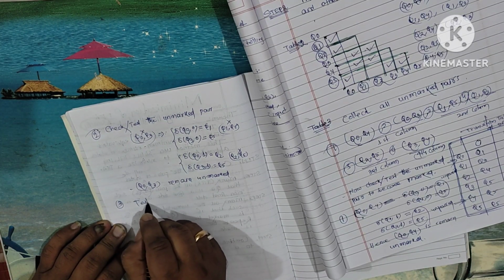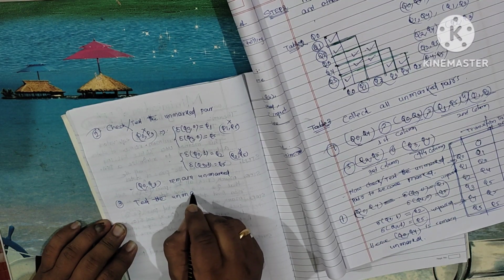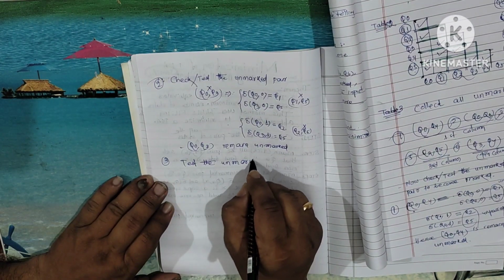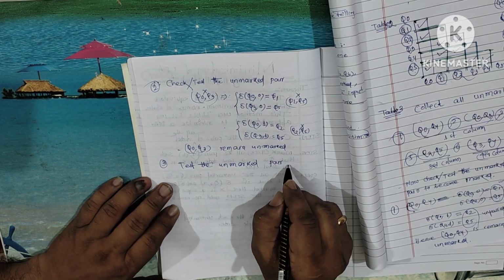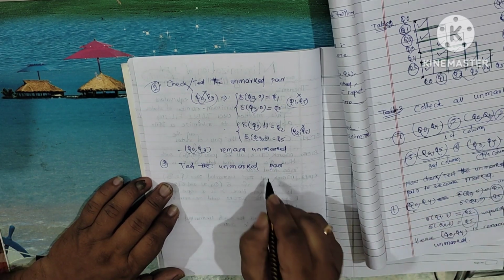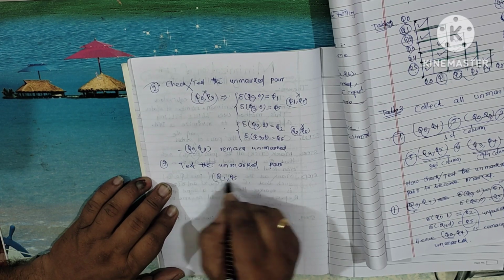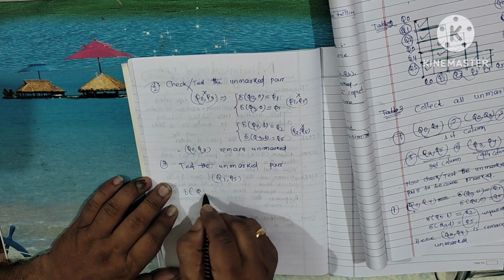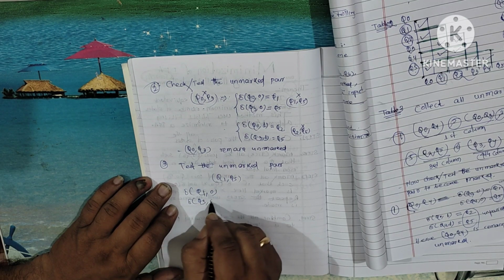Test the unmarked pair Q1, Q5. Q1 on input 0, Q5 on input 0.